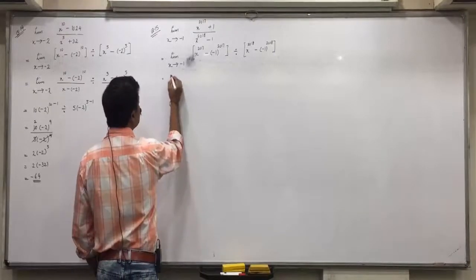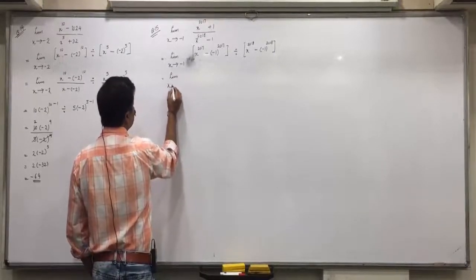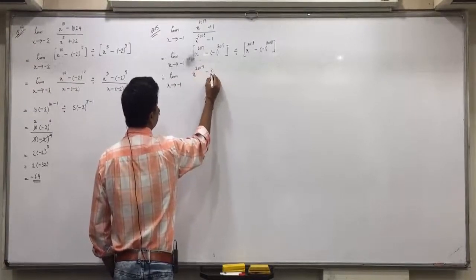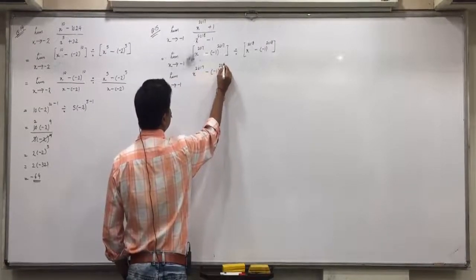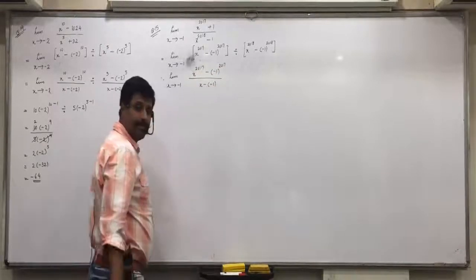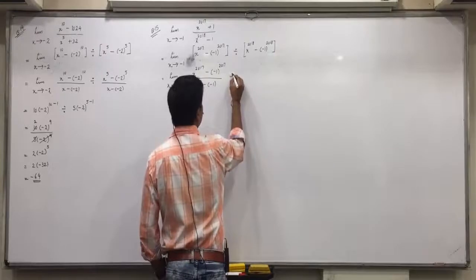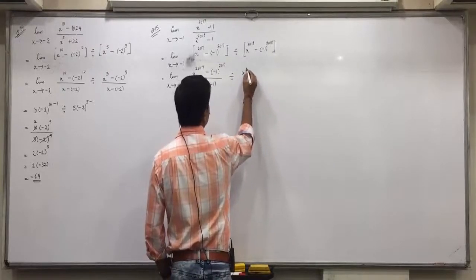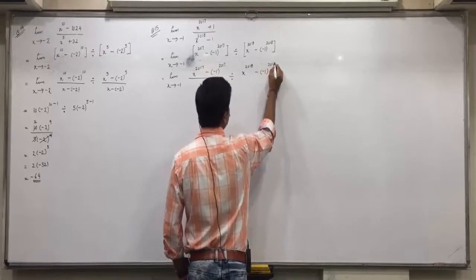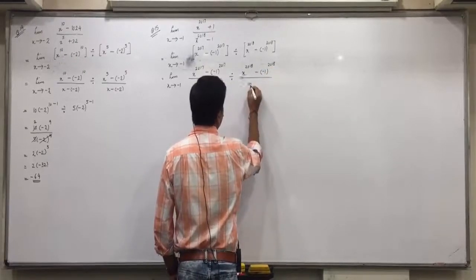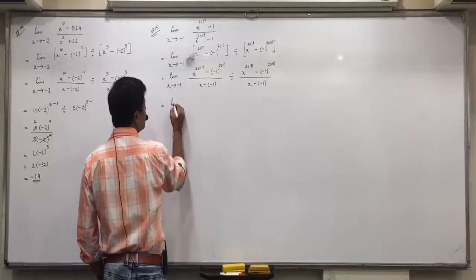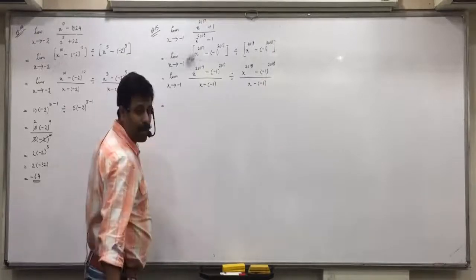Now limit x tends to minus 1, x raised to 2017 minus minus 1 raised to 2017 upon x minus minus 1, divided by x raised to 2018 minus minus 1 raised to 2018 divided by x minus minus 1. Now we'll use the formula.